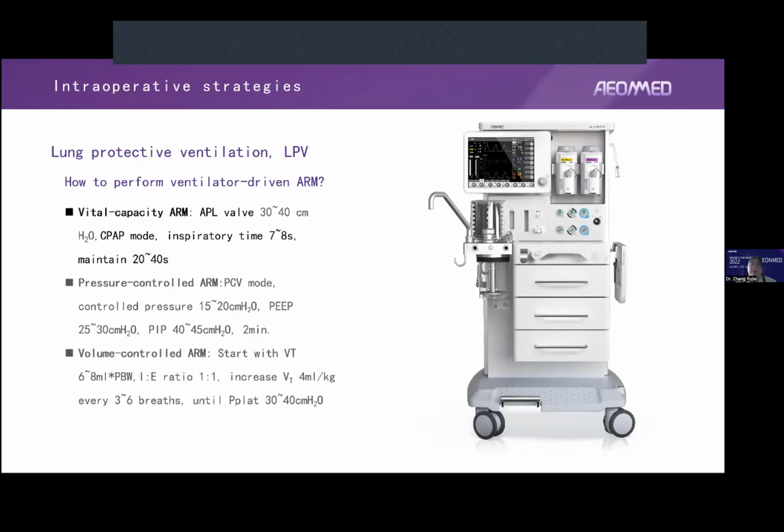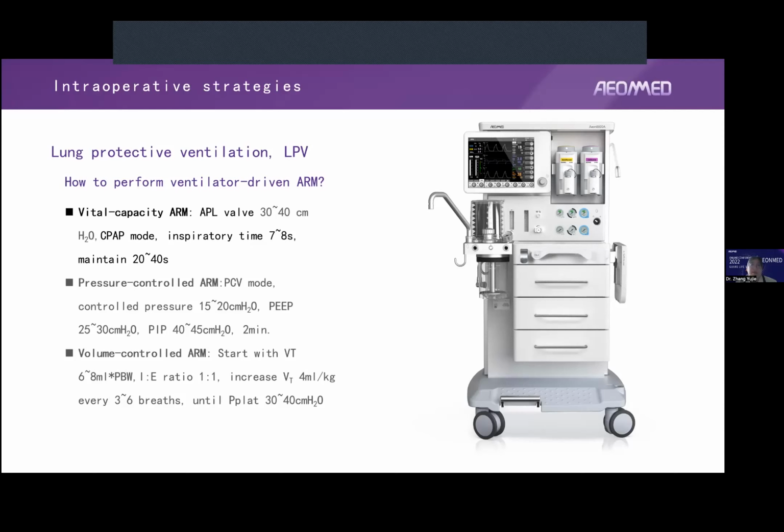But in recent years, the ascending PEEP was more recommended. That means instead of directly setting the PEEP to 25 centimeters, start with 5, which is a normal PEEP, and then add 5 centimeters water column every 3 to 5 breaths until the maximum pressure reaches 40 to 45.